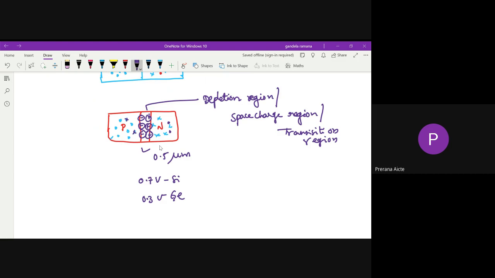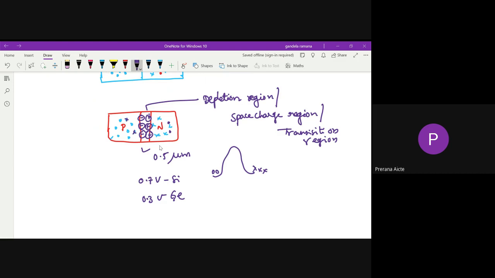So actually, what you see here is this potential barrier. Holes are here, electrons are here, and this is the barrier. It will not allow holes to go to electrons side or electrons to holes side.